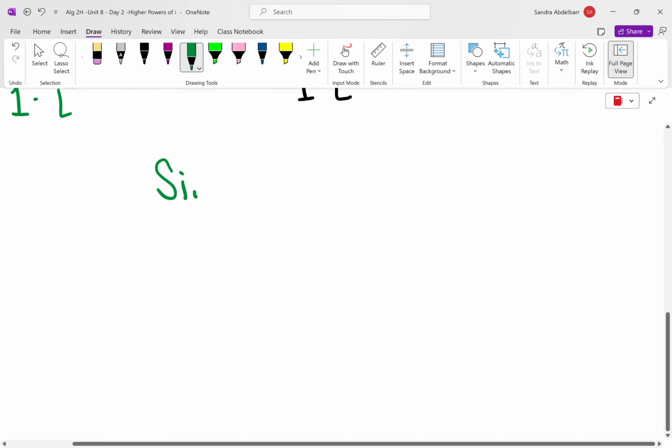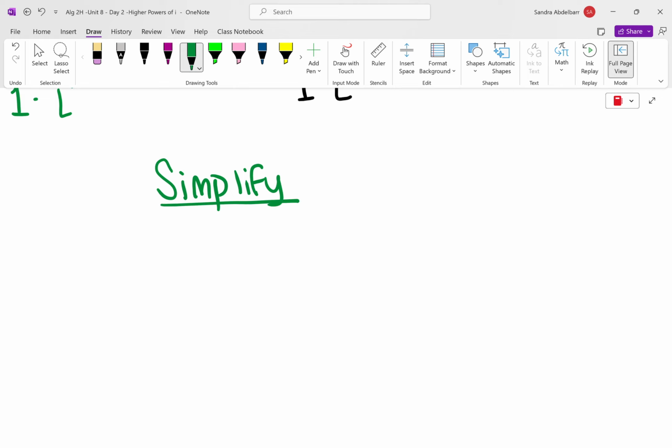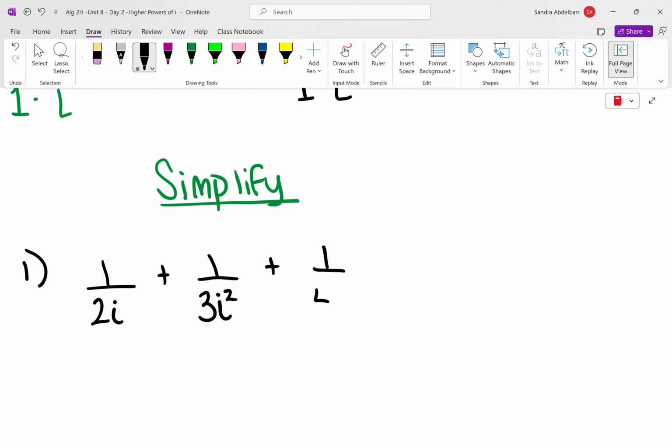Now my directions are to simplify. So I have 1 over 2i plus 1 over 3i squared plus 1 over 4i cubed.